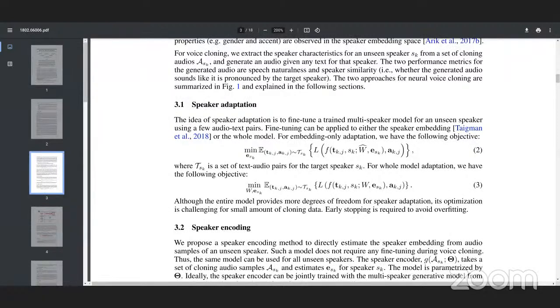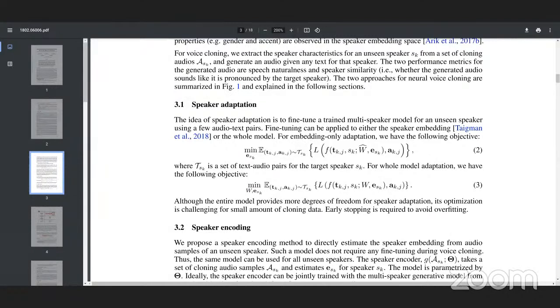And it talks about how we can tweak the model in order to get voice cloning for new speakers in few shots only. So the first way is, we have our speaker embeddings in our model along with the weights. And there are two ways. One is to tweak the whole model: whenever new speakers come in, we recalculate the weights as well as the embeddings and figure out what is best for the model.